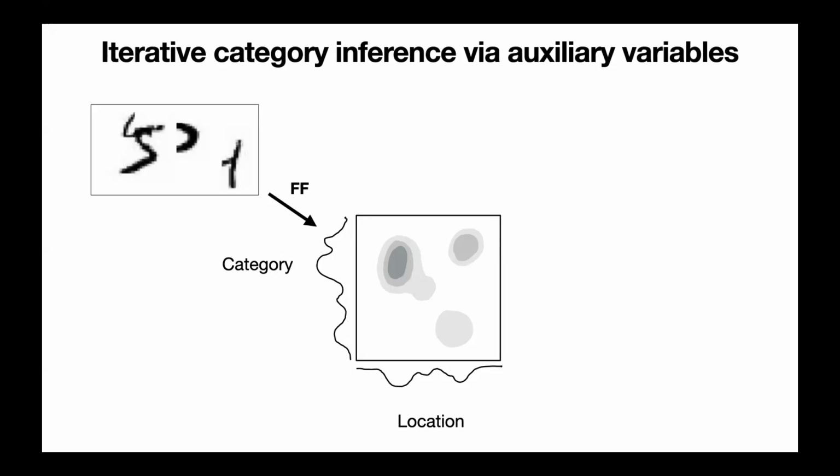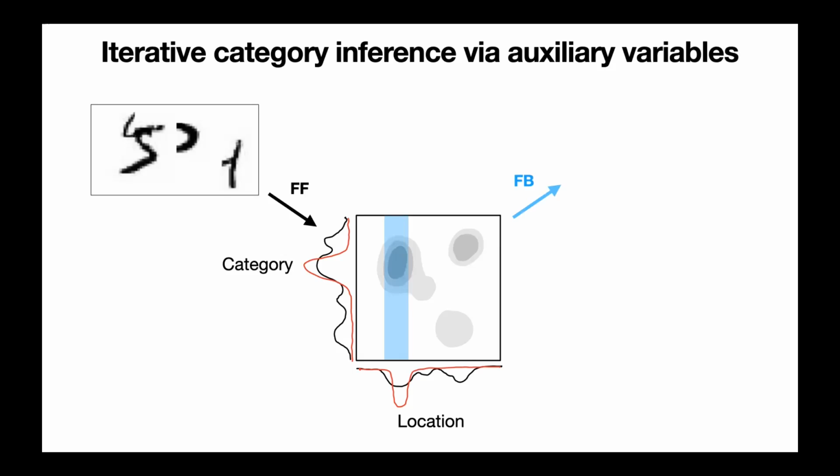Based on this, you can use the auxiliary variable to narrow down your search space. So you filter only the location of interest. In this way, you can see it as sharpening the distribution and narrowing it down to a specific category and a specific location.